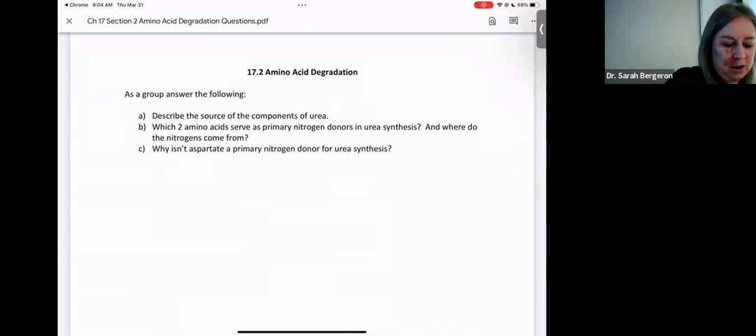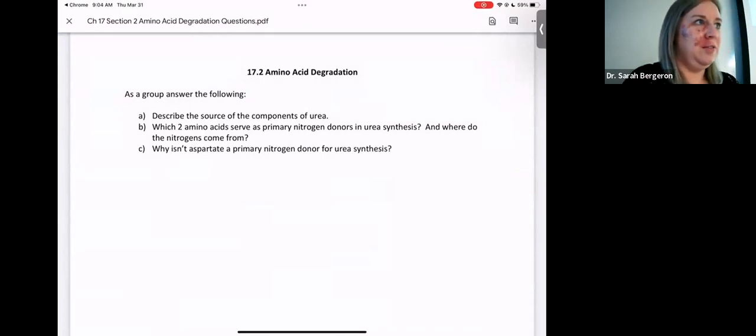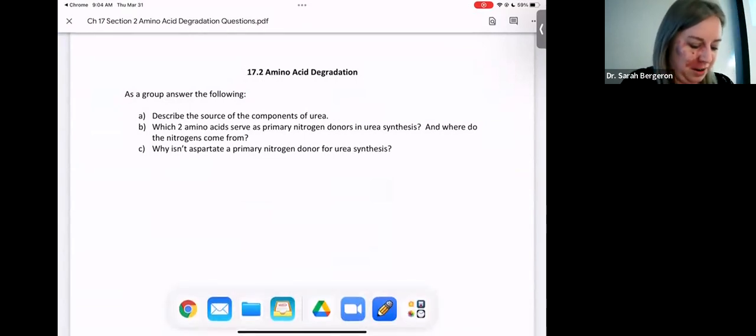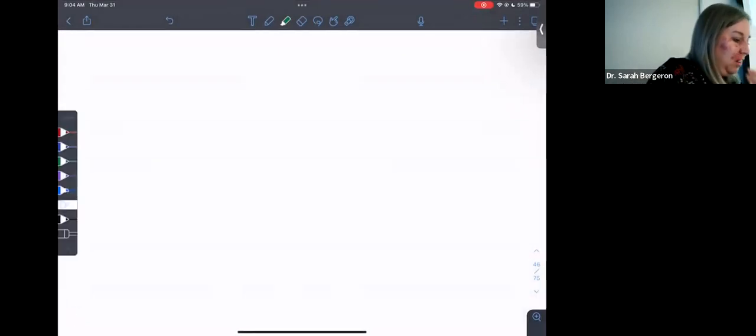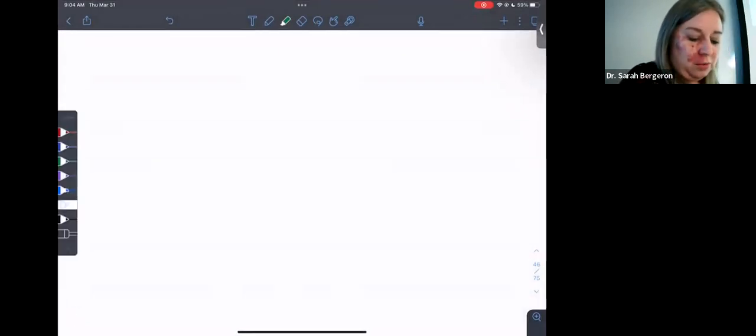So this was our questions, right? Y'all worked on these? Yes, sort of, maybe. Okay. So describe the source of the components of urea. What is urea? Draw urea.